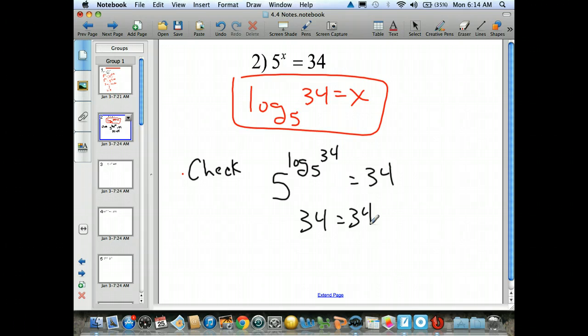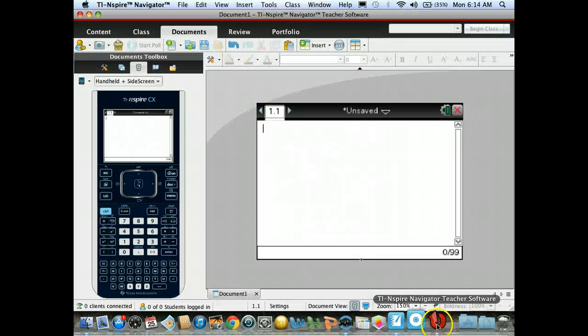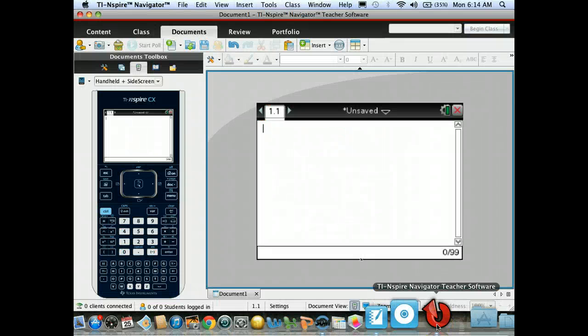Now, I just want to show you real quick how to type that in on your calculator to check the answers for the more complicated ones. Also, if you go to your calculator and we store that log base 5 of 34, your log key is underneath the 10 power button.